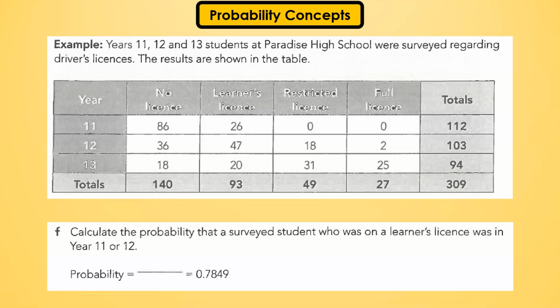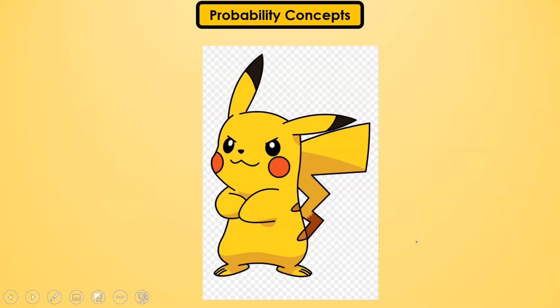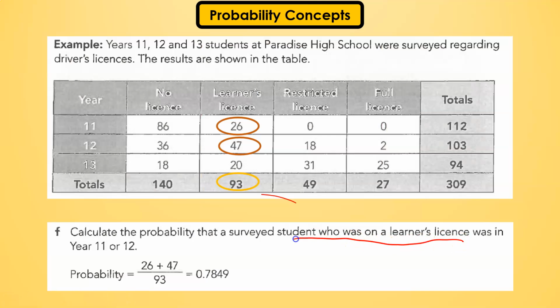Calculate the probability that a surveyed student who was on a learner license was in Year 11 or Year 12. So we've got the answer there, so we can work back. Year 11 and Year 12 learner license students, and this time it's out of 93. The probability that a surveyed student who was on a learner license, that's telling me the group is surveyed students who are on a learner license.